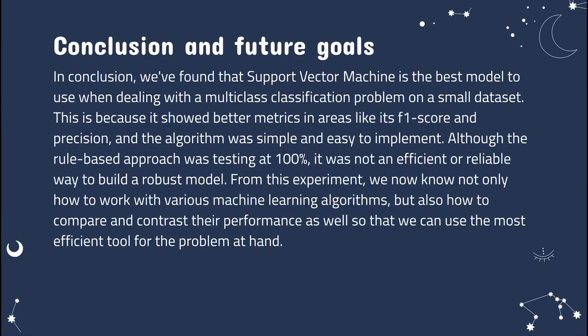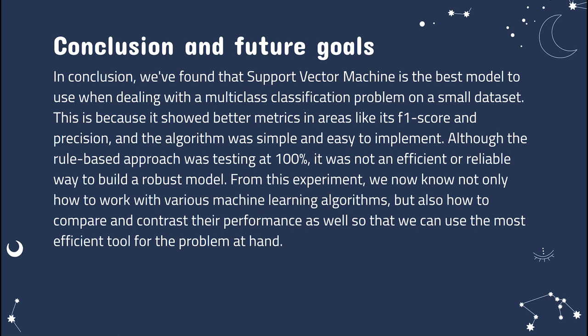So in conclusion, we found that the support vector machine is the best model when it comes to multi-class classification problems on a very small data set. And this is shown, as previously mentioned, in the F1 score and the precision. The algorithm was simple and easy to implement.